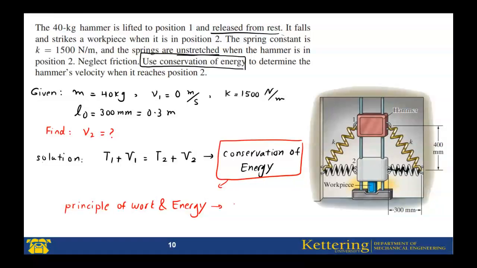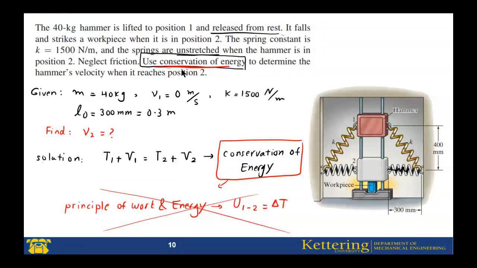The principle of work and energy means that the amount of work done from state 1 to state 2 equals delta T. For example, in the exam, when I mention to use the conservation of energy, you cannot use this one. Even though we can use this one to solve this problem, it's possible, but you have to follow the method mentioned in the problem.